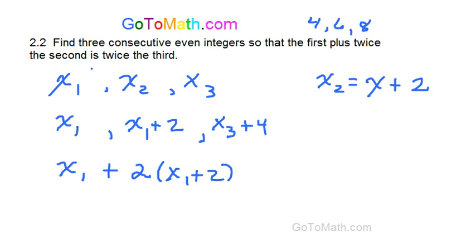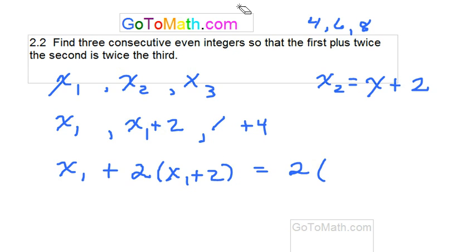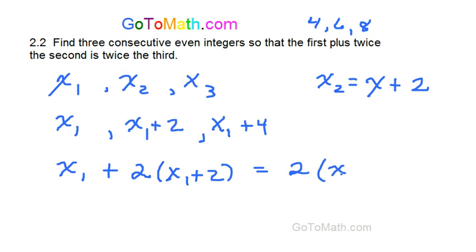Remember, is means equals. That shouldn't be a 3 written there. Somebody should have told me about that. This is the third even integer, so this would be x1 plus 4.